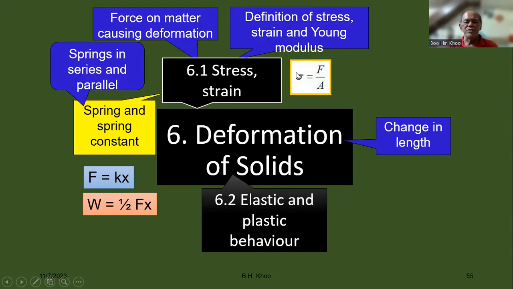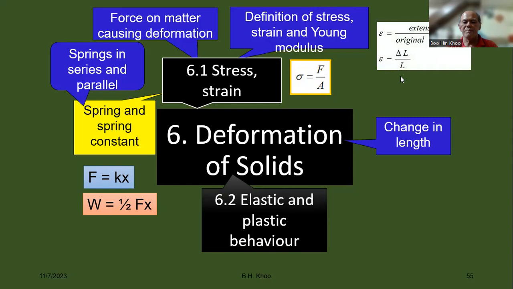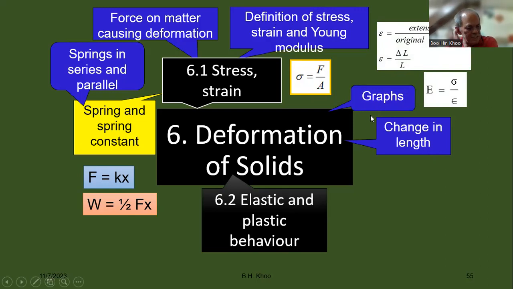That's the definition for stress: the tensile force over the cross-sectional area. And that's the strain, extension over the original length. And that's the Young's modulus, stress over strain. And we look at the graph of force against extension and stress over strain.